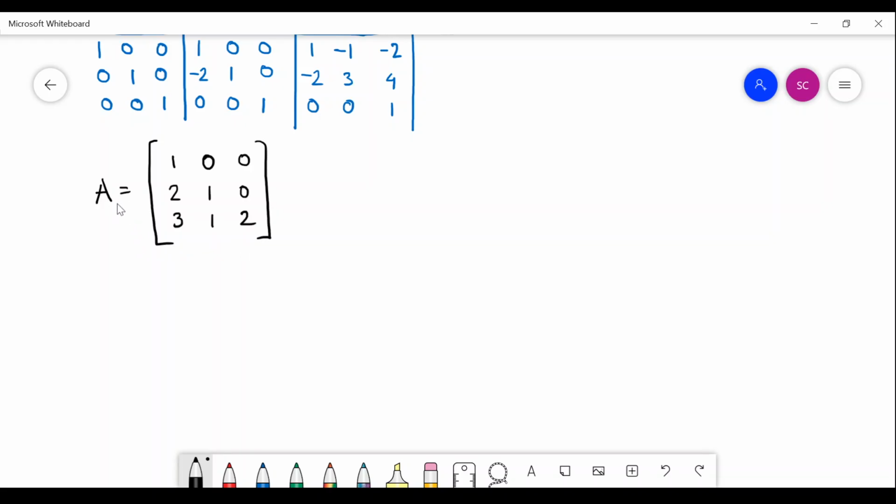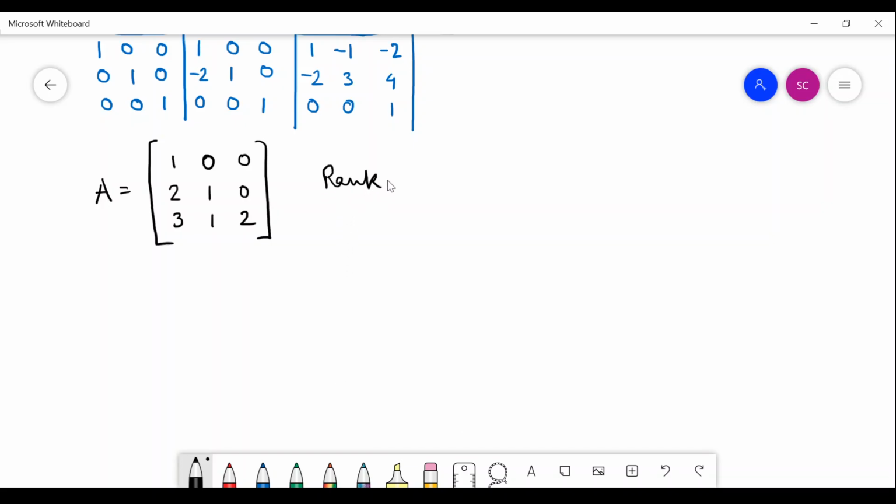Now, if these columns are all independent of each other, then we say that the rank of the matrix is also 3, or the rank of the matrix is full. Full is the term that we use.